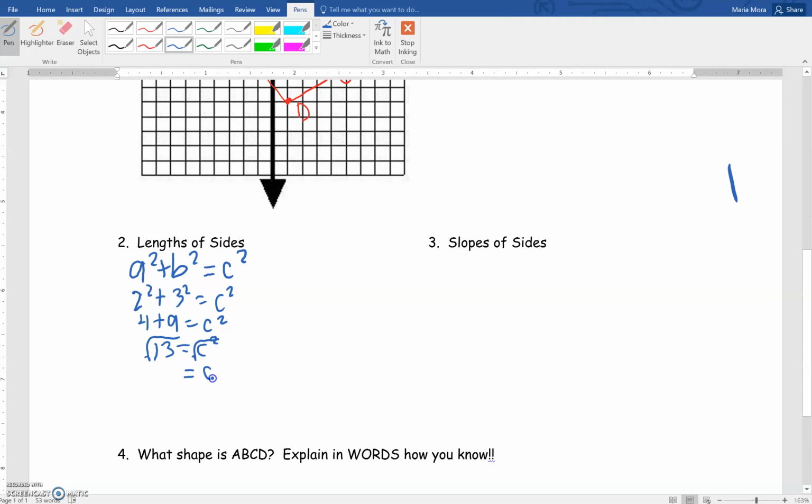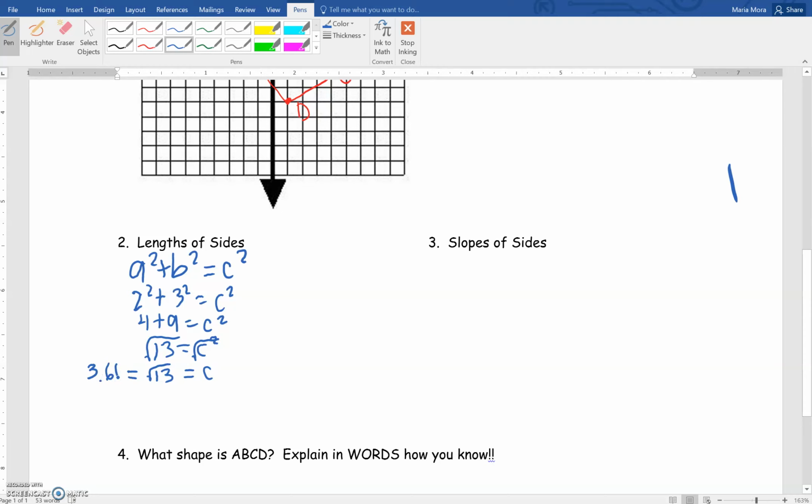So remember that when we take the square root, we have two answers, a positive and a negative, but in this case it does not make sense to have a negative for an answer because we are looking at side lengths and side lengths cannot be negative. So this is going to stay as square root of 13. But you know that the square root of 13 is also a number and you can get the decimal. I always like to have both answers just so you know that square root of 13 is exact and then the other one is your decimal, which is not an exact number.